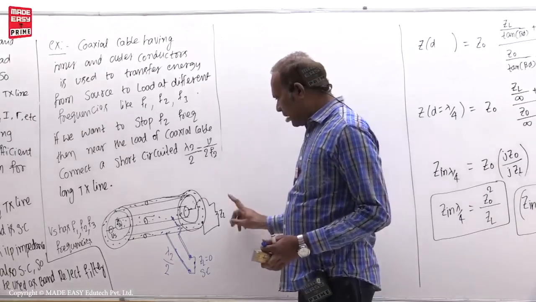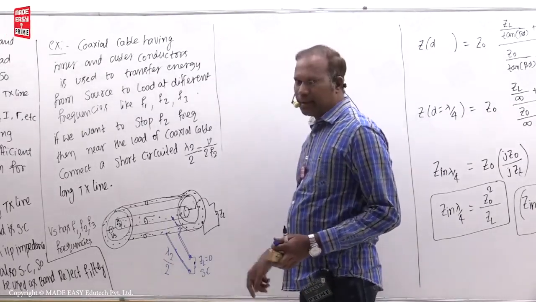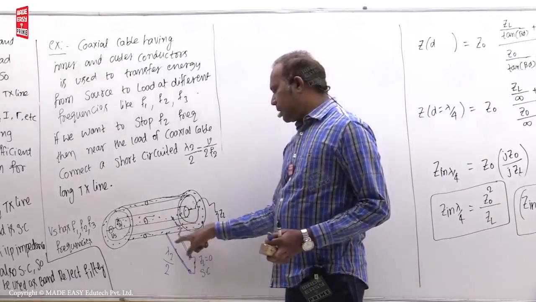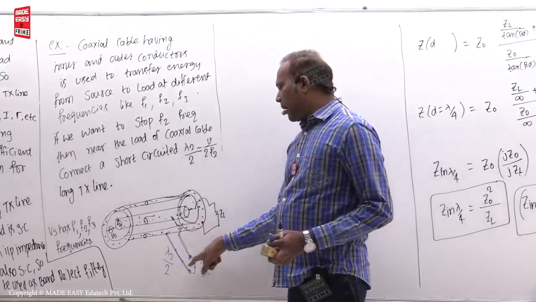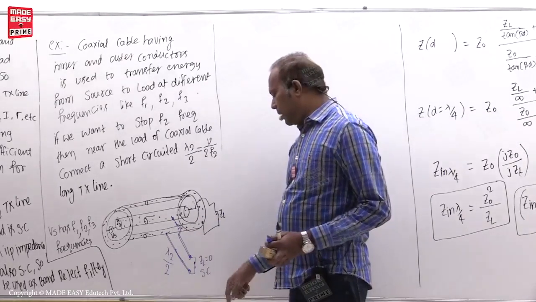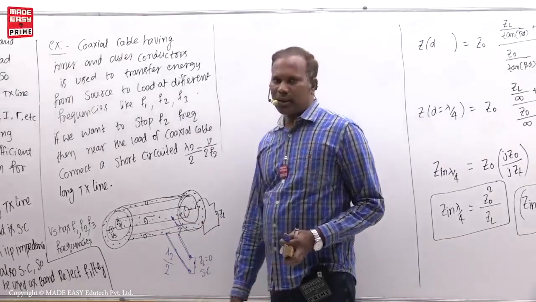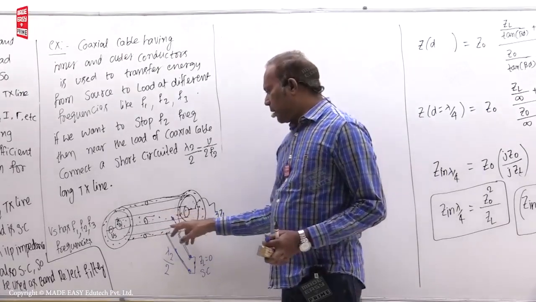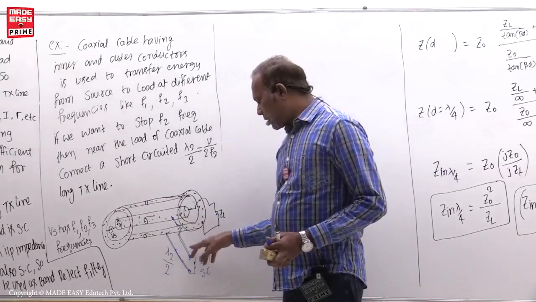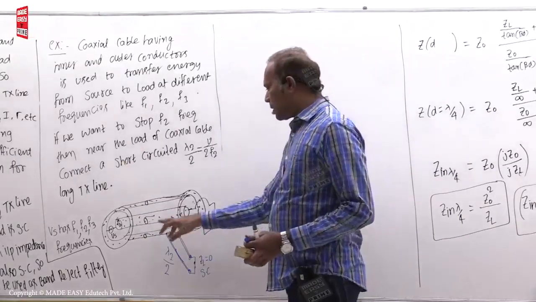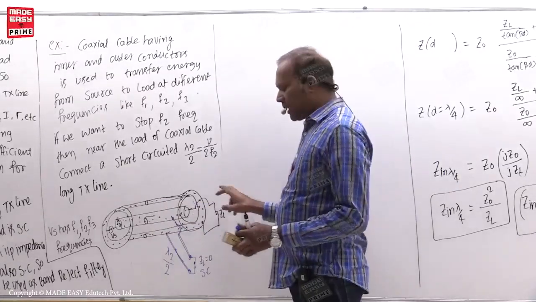So the F2 frequency cannot reach here, because whenever the input frequency is F2, this transmission line behaves like a half wavelength line. For a half wavelength line, it is a short circuit here, then the input impedance is also a short circuit. Then that F2 frequency signal passes through this transmission line and is reverted back. It is sent back, and it does not reach here.